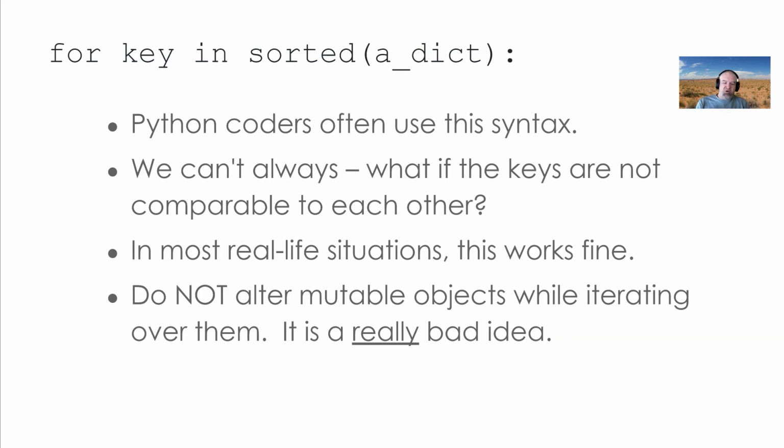Generally, what you do is create a copy of that thing and then mess with it, or you would just rebuild a new copy of it as you're iterating through, instead of changing the one that already exists. I think we're going to talk about that more next week, so don't worry too much about that. But generally, you don't want to change mutable objects while you're iterating through them.